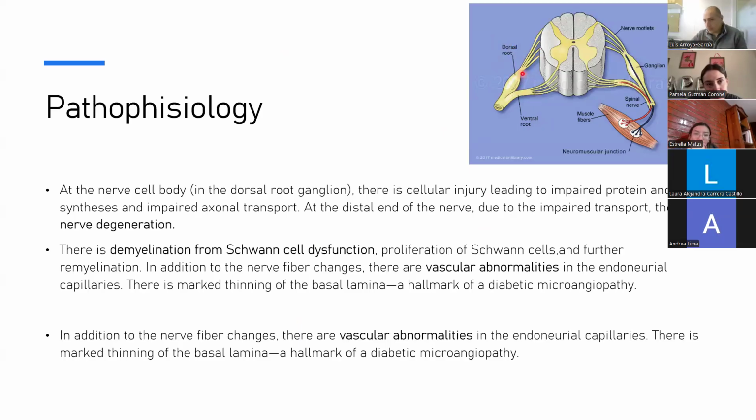I'm going to explain why now. That will affect the transport, the action potential and the connectivity between the muscle and the neuron. Why are the limbs, the feet, the hands more affected?